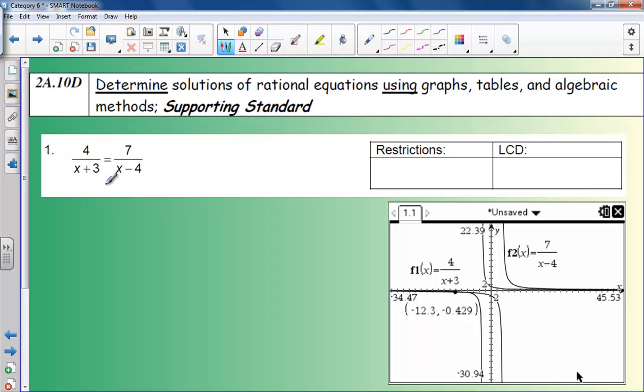It's a proportion, so I can cross multiply here. So I'm going to say 4 times (x minus 4) is equal to 7 times the quantity (x plus 3), and I will distribute. So 4x minus 16 is equal to 7x plus 21.